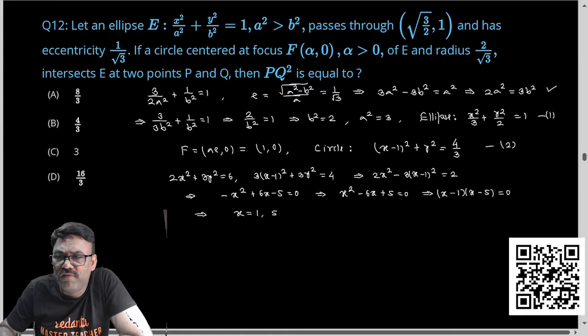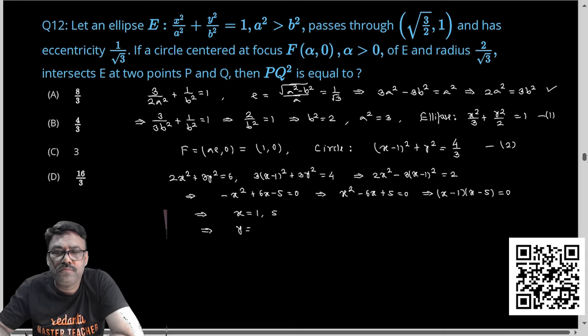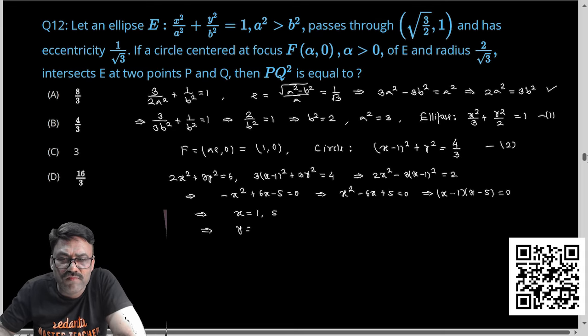If I put x is equal to 1 in either of the equations, the circle or the ellipse, y will be what? Put x is equal to 1. Should I take the positive value only?